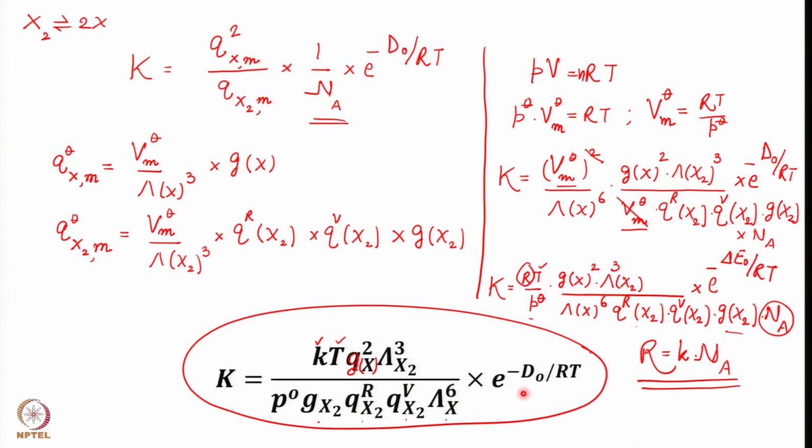Remember that the number of terms appearing here or in any of the expressions is going to depend upon your type of reaction. Here we have taken a very simple dissociation reaction. There can be reactions in which you have atoms, diatomic molecules, triatomic molecules, and multiatomic molecules.